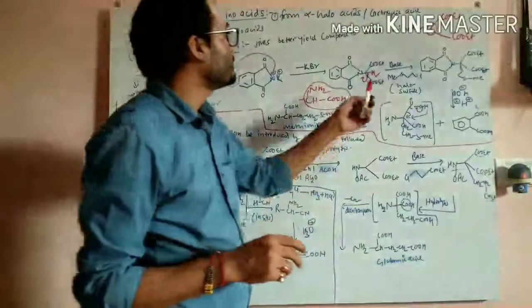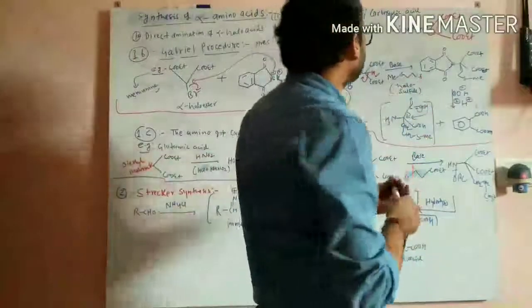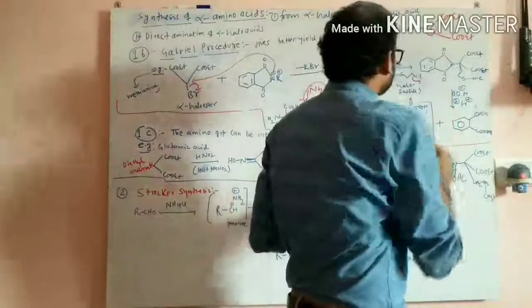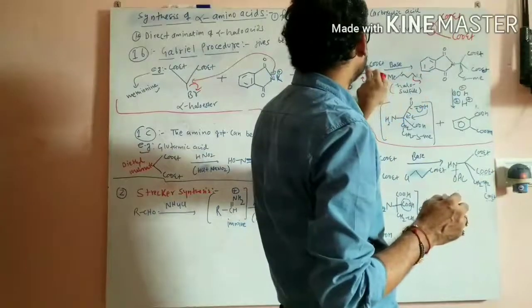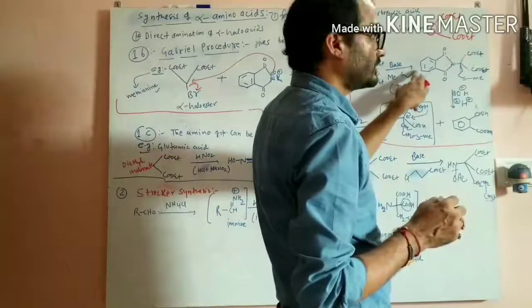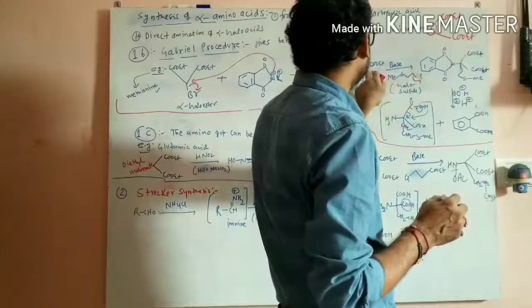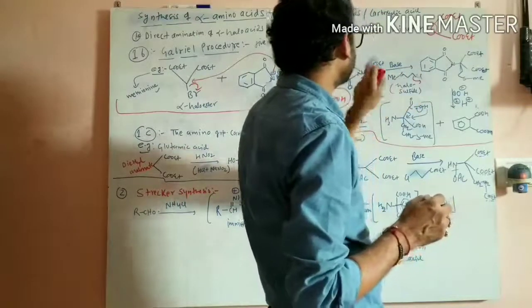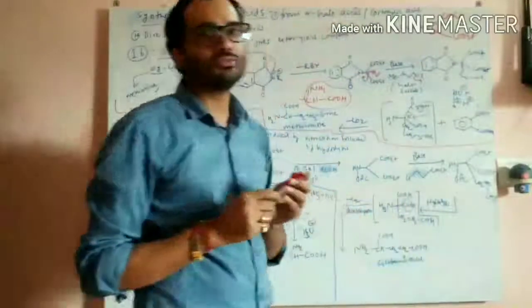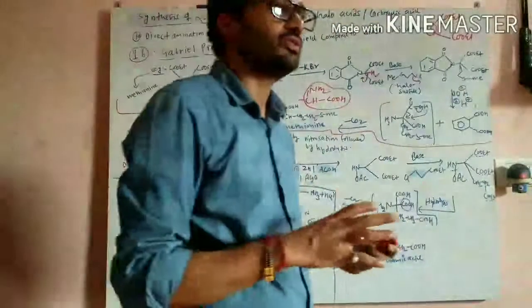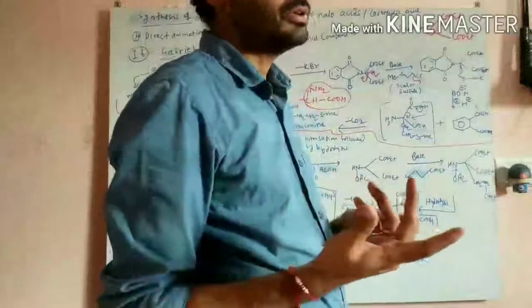So this is an alkyl halide. The chlorine will leave like that, and this positive charge will go here. This becomes an electrophile, which the carbanion can easily attack, and this is converted into this product. So actually we are utilizing the virtue of malonic ester synthesis here.